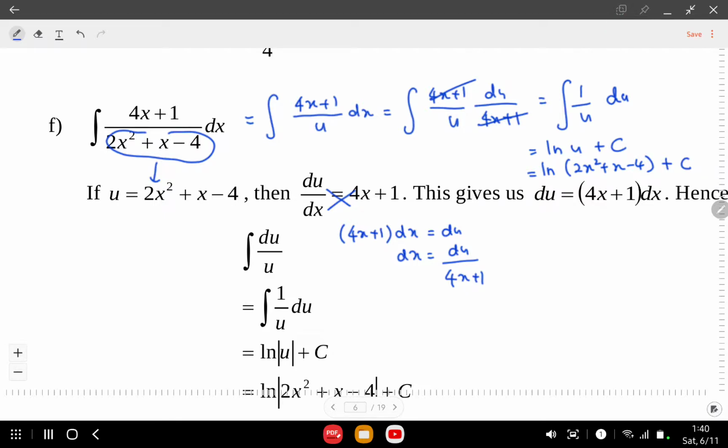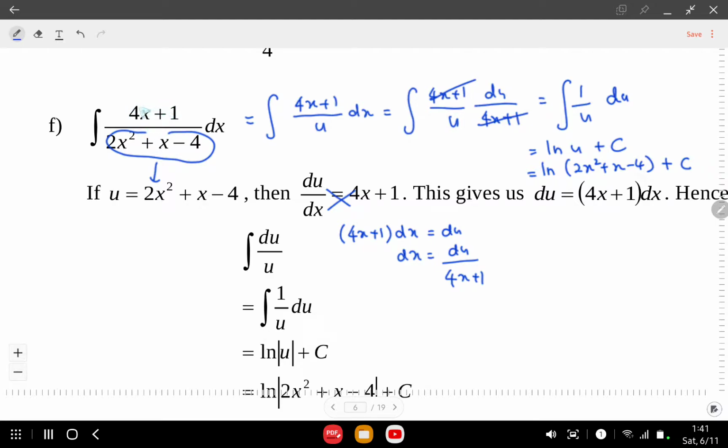You can see here in the solution, I choose our u as 2x square plus x minus 4. The term in the lower fraction. Okay, fraction yang bahagian bawah saya pilih sebagai u. Okay, so what happen if I choose our u as the term in the upper fraction?